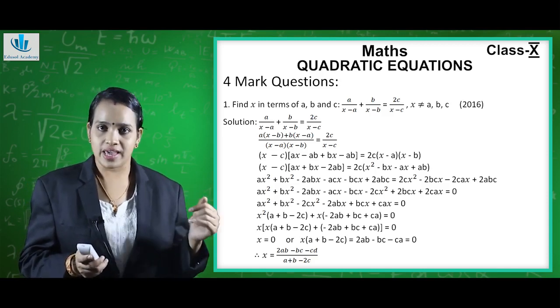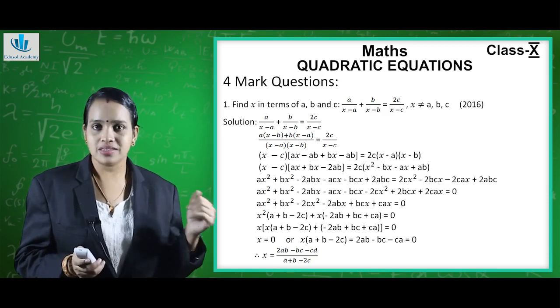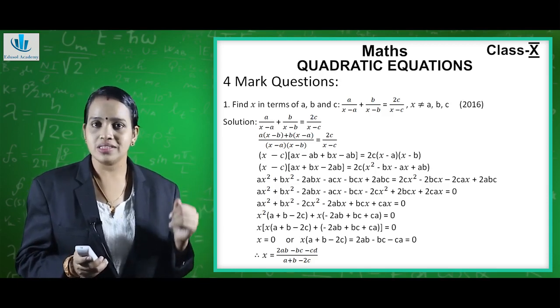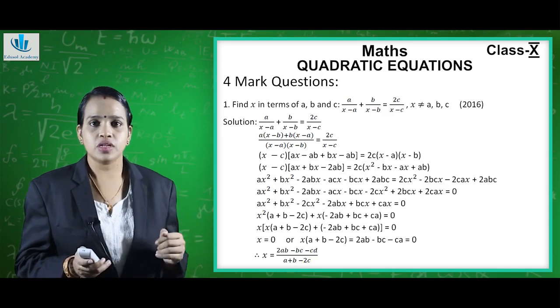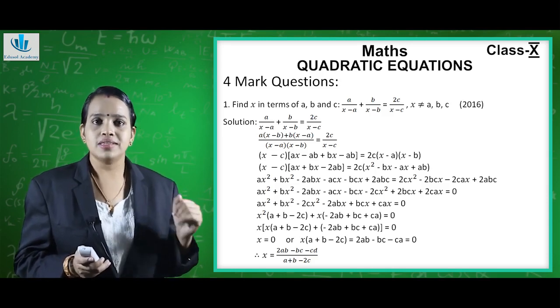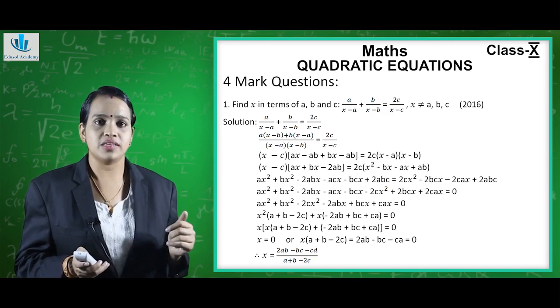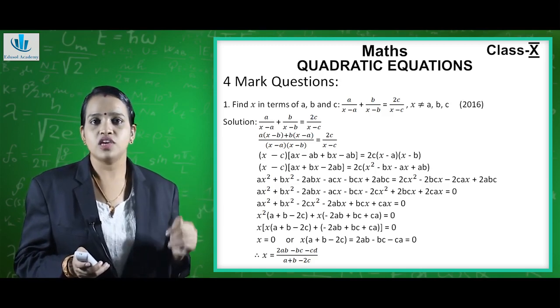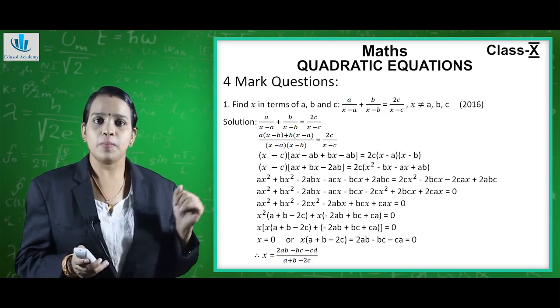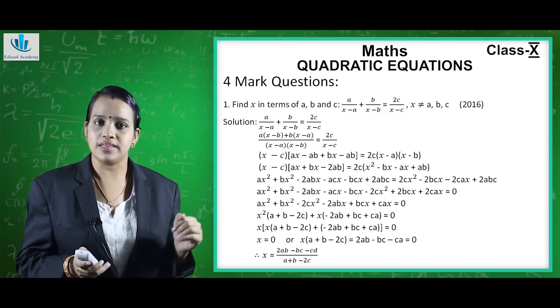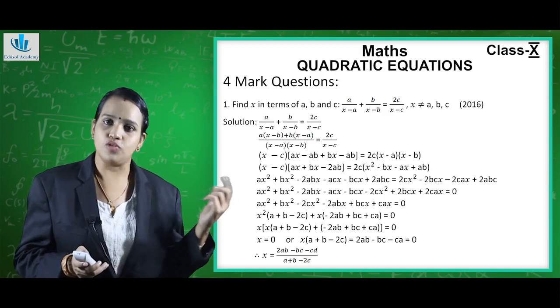So it becomes ax raised to 2 plus bx raised to 2 minus 2cx raised to 2 minus 2abx plus bcx plus cax, that is our minus bcx plus 2bcx, it gives bcx, and our minus acx plus 2cax gives plus cx, which is equal to 0.